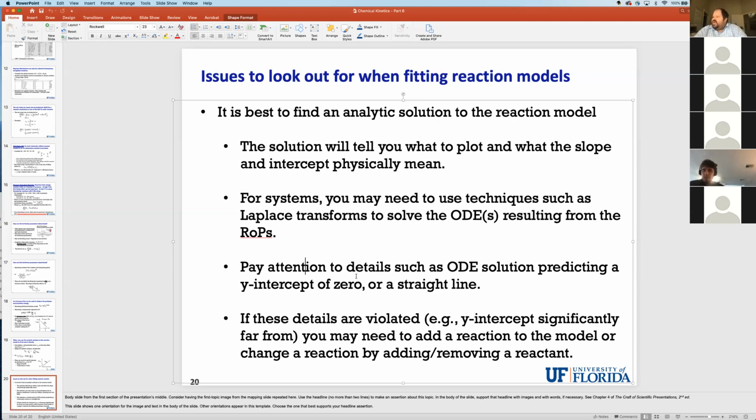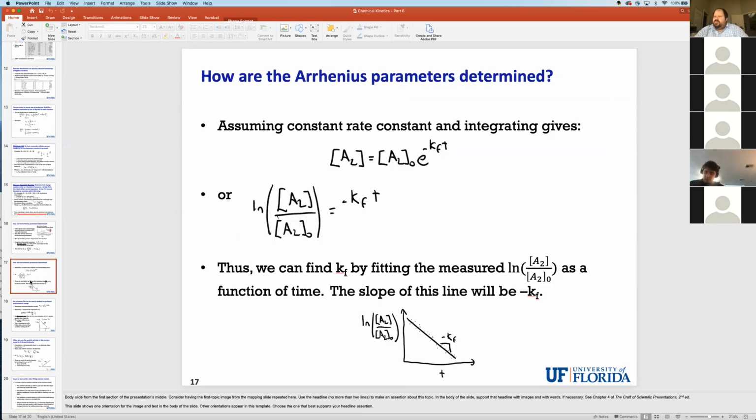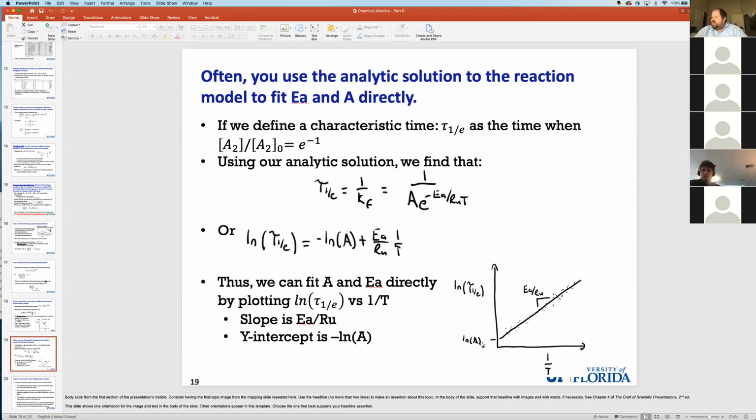So then you should pay close attention to details of the ODE solution. For example, sometimes your ODE solution will predict that the y-intercept of the quantity you are plotting is not minus log of A, but exactly 0.